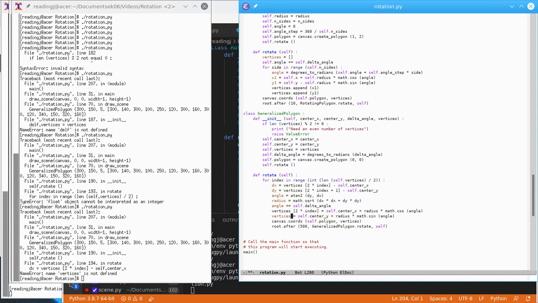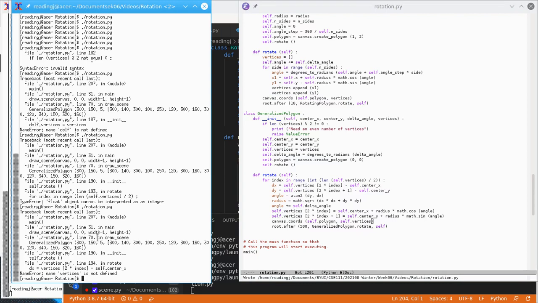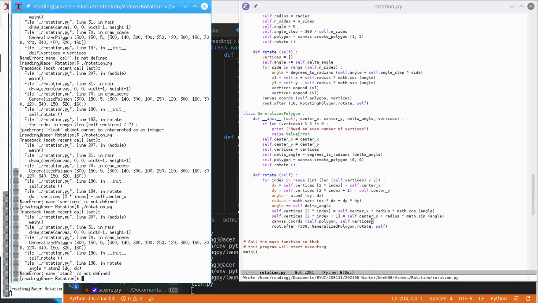Vertices 2 times index plus 1 equals that. And now every place I have vertices, I need self.vertices. ATM2 is not defined. Of course not.